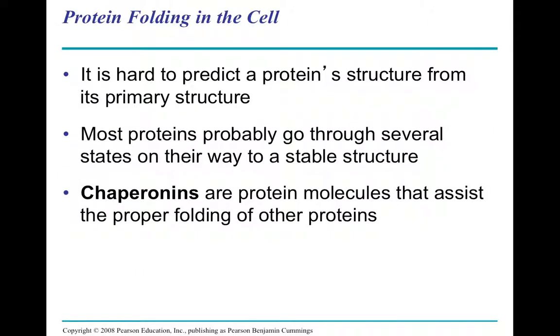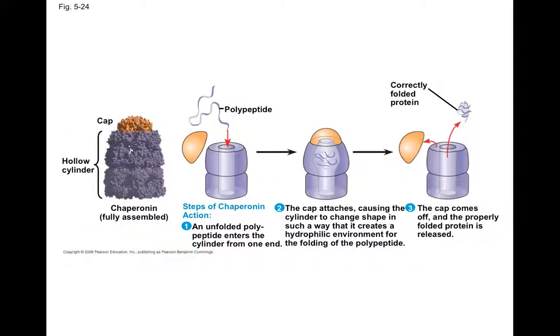Okay, so it's going to be hard to predict a protein structure from its primary structure, and most proteins probably go through several states on their way to a stable structure. And so chaperonins are protein molecules that assist the proper folding of other proteins. So here is a chaperonin, which is pretty cool, name at least.